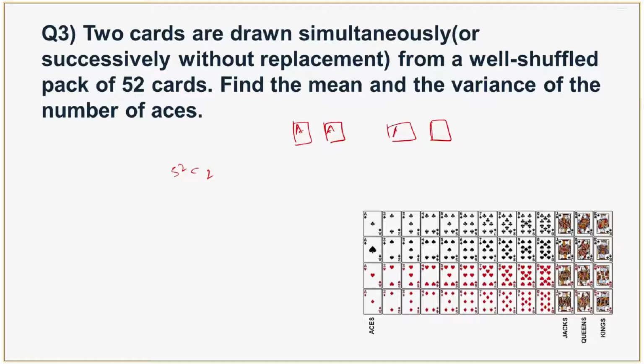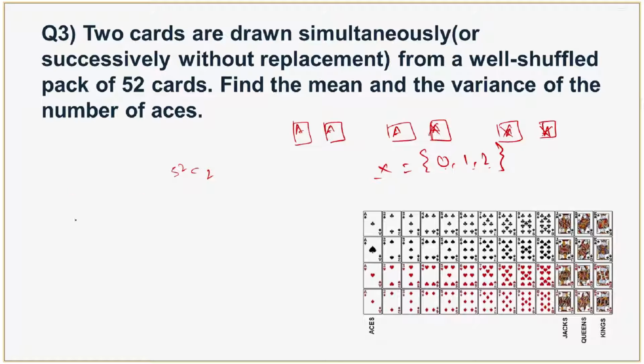The first one could be an ace and the second one not an ace. Both of them could be non-aces, right? So the number of aces could be 0 or 1 or 2. So this would be my random variable. If x is my random variable, it could take values 0, 1 or 2.